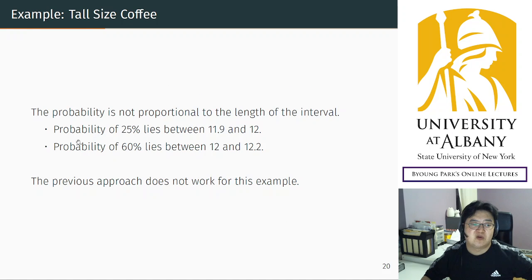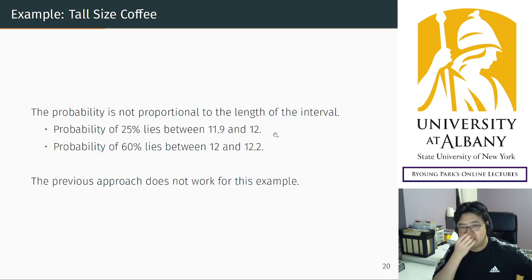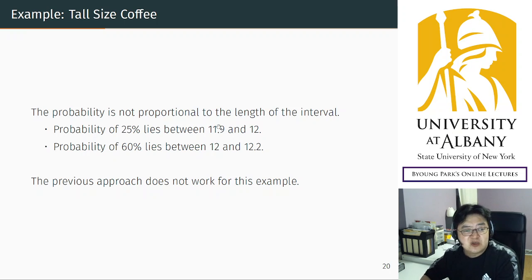So put it this way, 25% lies in this interval, and 60% is more than twice of 25%, though it lies in an interval twice as large. So it is a counterexample in which the probability is not proportional to the length. So we have to expand our framework.